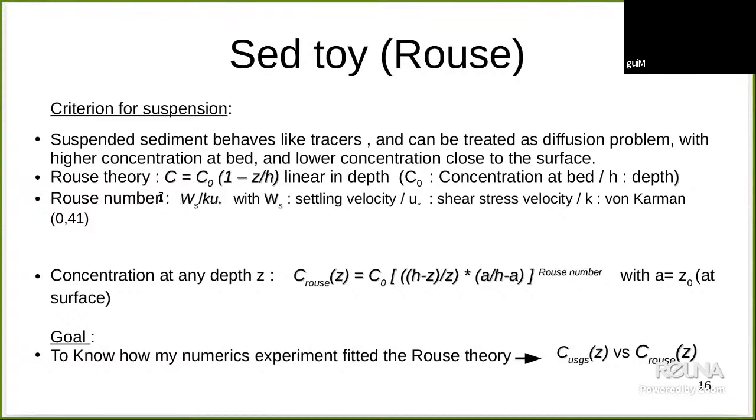And associated with this, you have a Rouse number, which is a ratio of the settling velocity with the shear stress velocity. And you can compute an analytical concentration based on this Rouse number. What does it mean? It means that if you want to know if CROCO fits well with Rouse theory, you have to compare these two profiles.